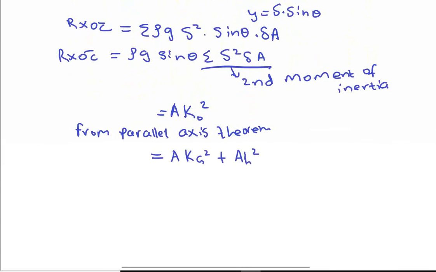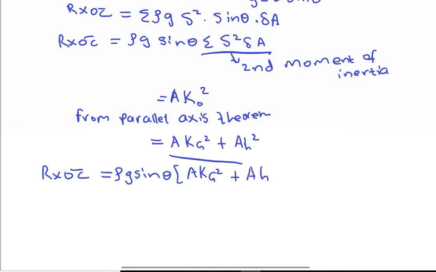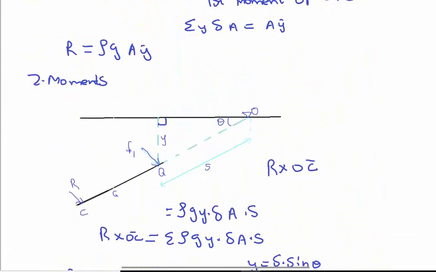So what I'm then going to do is to put this back in my equation. So I have my R, my resultant force, as rho g times A y bar.